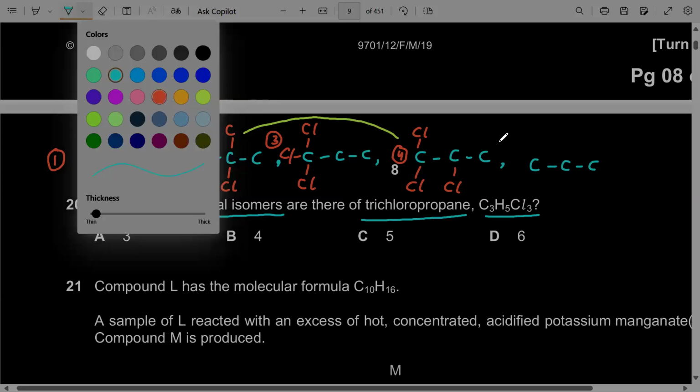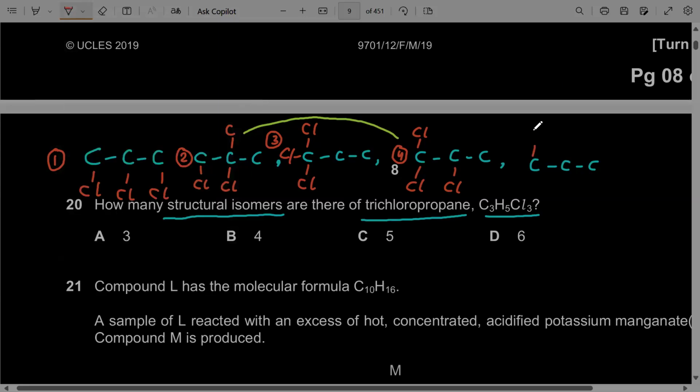We have 2 chlorine atoms on one carbon on one side and 1 chlorine atom on the carbon on the other side. So this is a different arrangement of the chlorine atoms on the carbon atoms. Now in total, I have got 5 isomers.